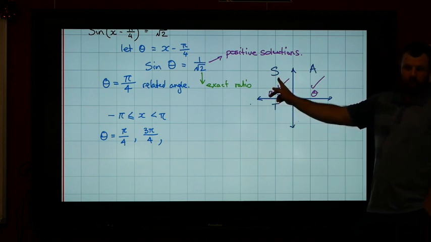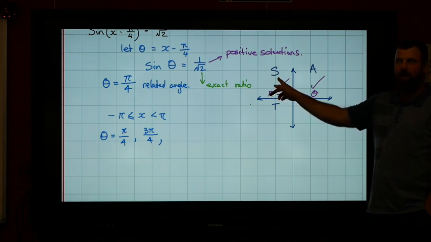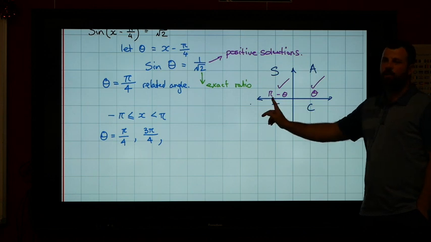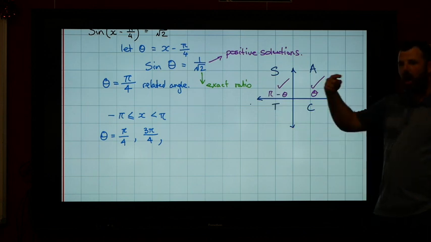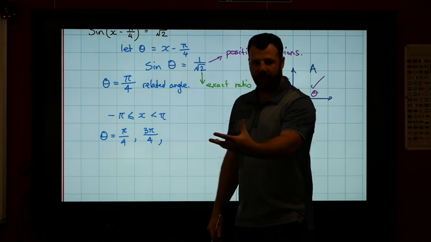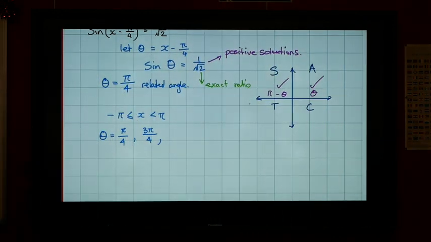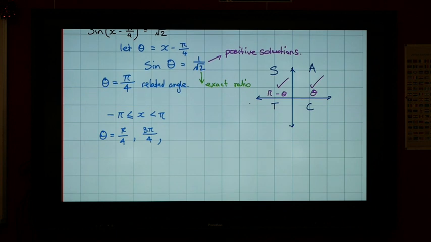I can think of that as negative pi minus theta, whichever one you want to think about. It's negative pi, and then you've gone pi on 4 units further than pi. So we've gone pi and then pi on 4 plus it, haven't we? That gives us 5 pi on 4, doesn't it?